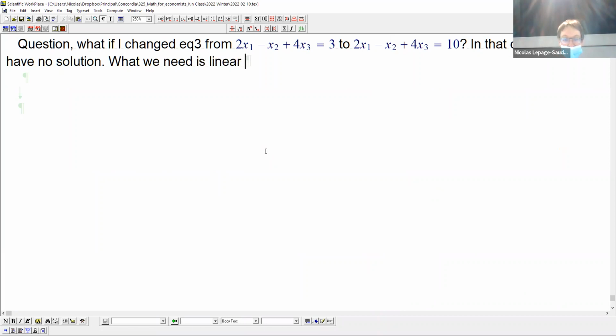This is a concept that was in the book, actually introduced in chapter 4, but I felt it doesn't mean anything to just introduce it. It doesn't ring a bell if you don't understand what's going on there. So let's go for it. Linear independence.